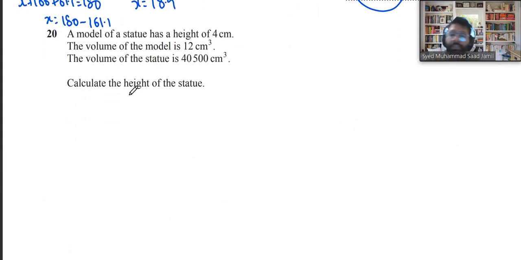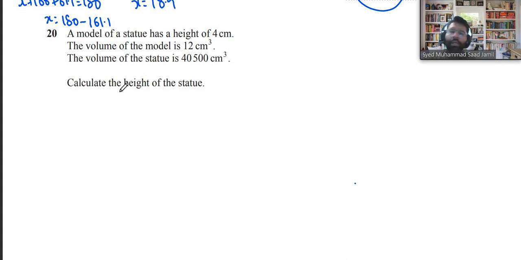Next question says the model of a statue has a height of 4. The volume of the model is 12. The volume of the statue is 40,500. Calculate the height. So guys, whenever we have a question like this, you need to understand the concept of volume and area of similar figures.